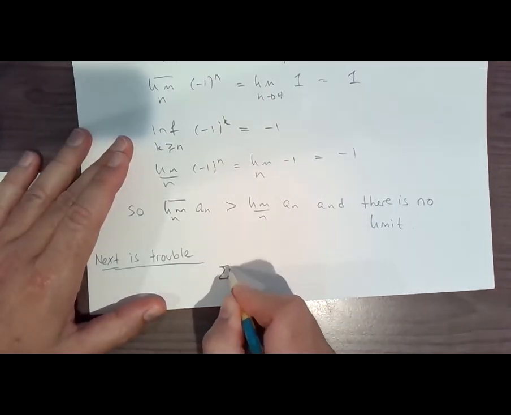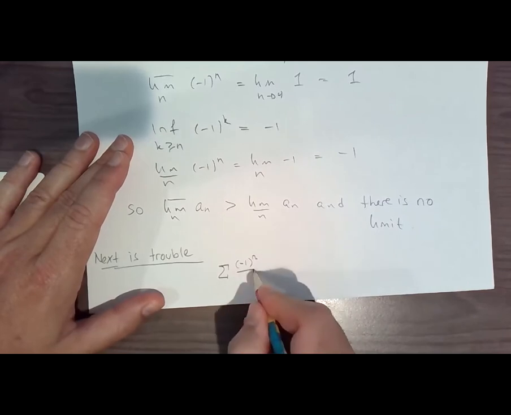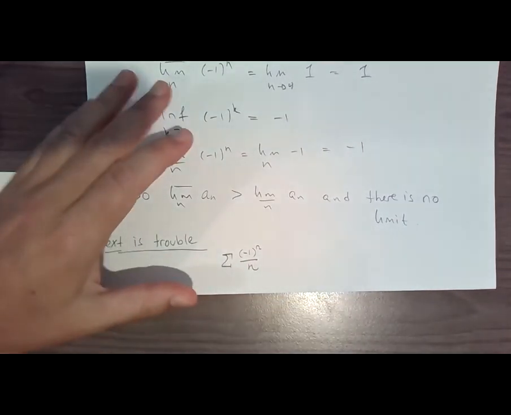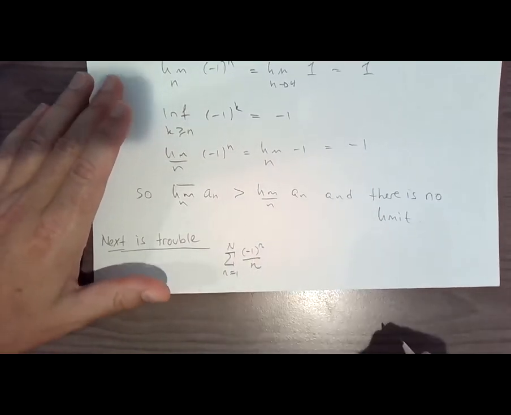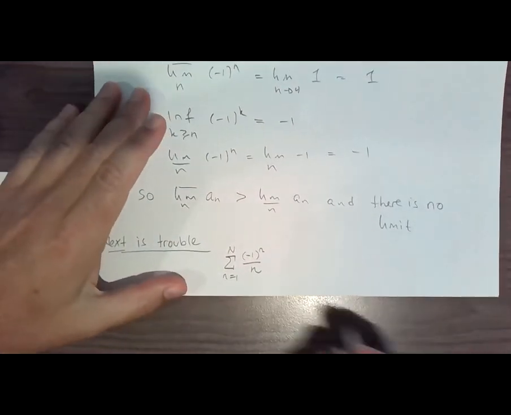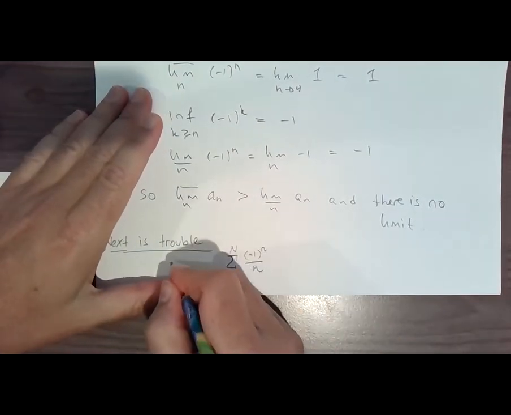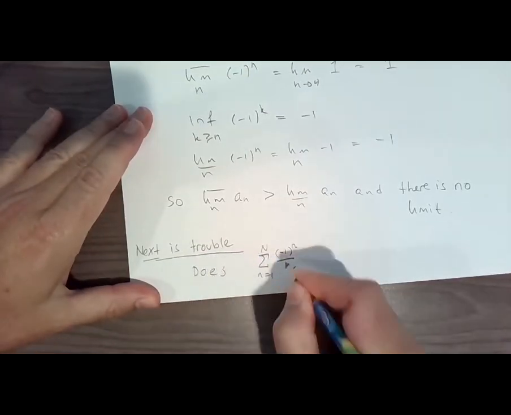We're going to be summing up minus 1 to the power n divided by n. Does it converge? Is there a limit? Does this converge?